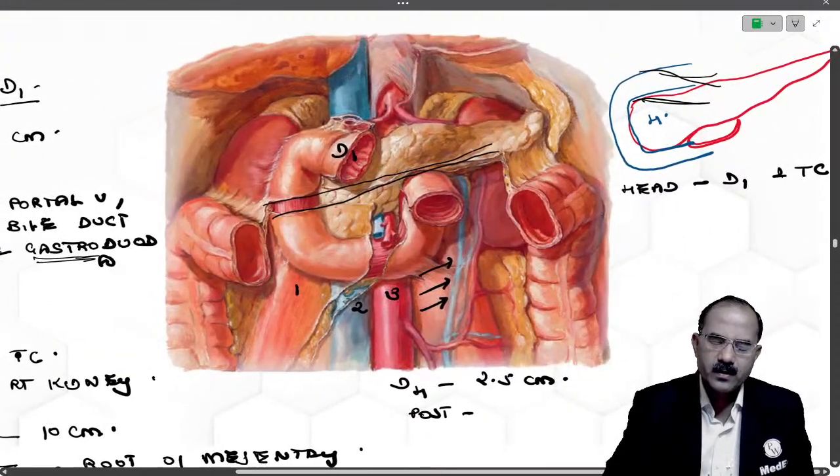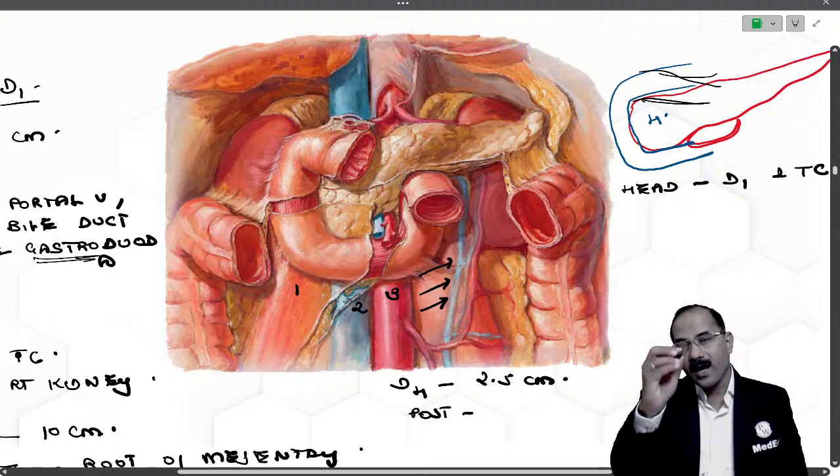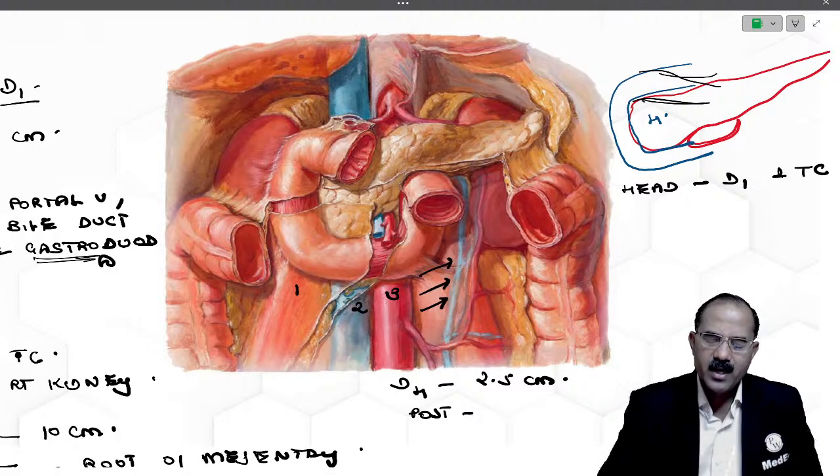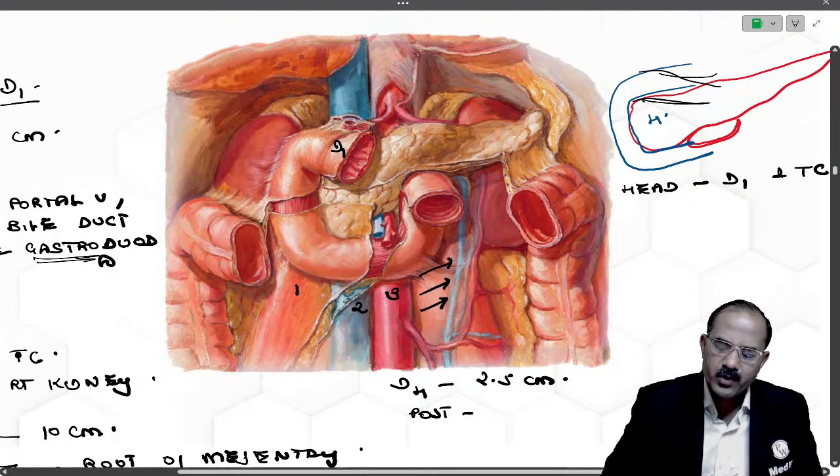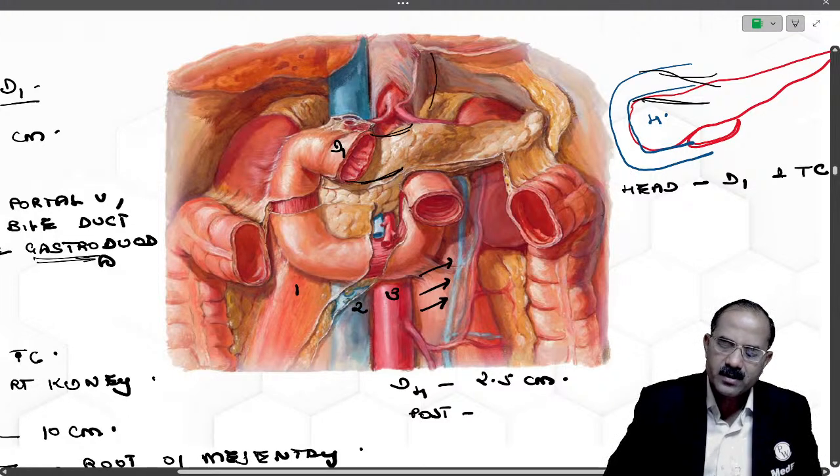Now coming to the neck of the pancreas. Come on, children, tell me, the anterior relation of the neck of the pancreas. Can anyone tell me, if that's the first part of the duodenum, what is this going to be? Anyone? What's this?